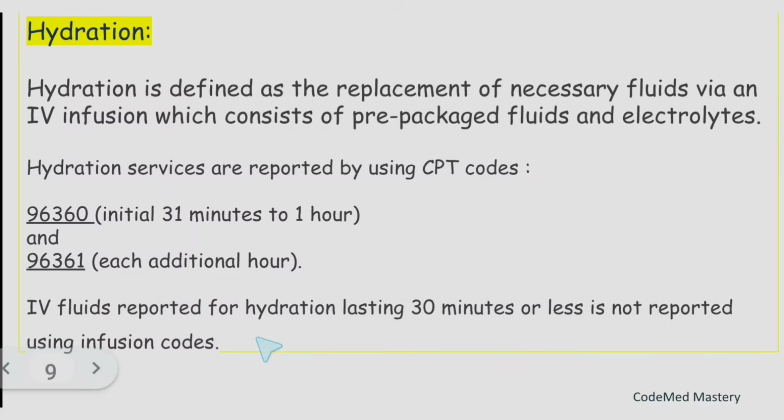IV fluids reported for hydration lasting 30 minutes or less is not reported using infusion codes. It means that we should not use intravenous infusion for hydration of 30 minutes or less. In other words, a minimum time duration of 31 minutes of hydration infusion is required to report these services.